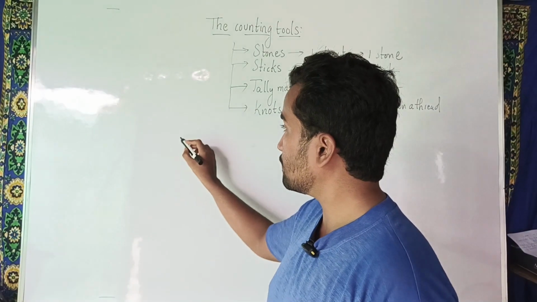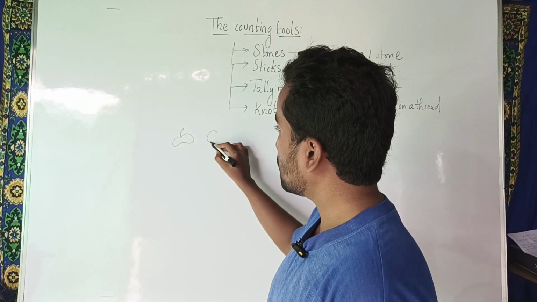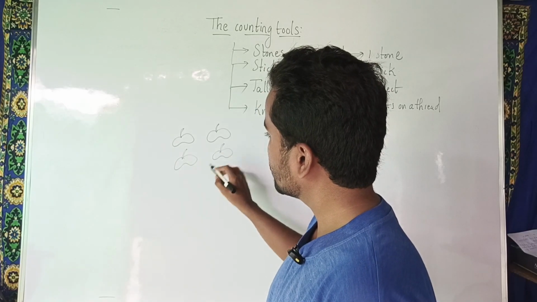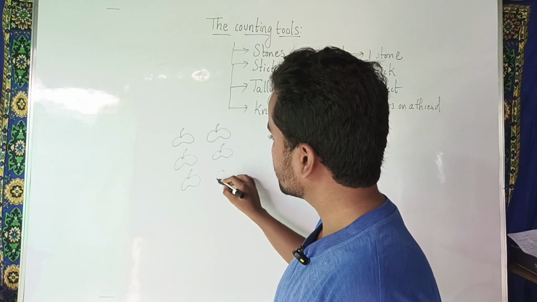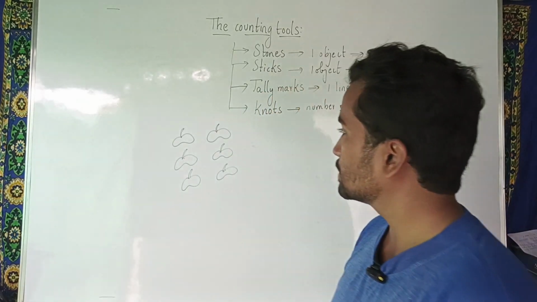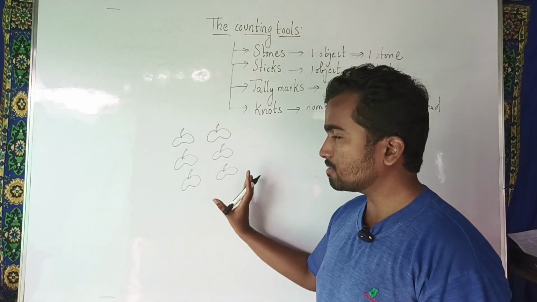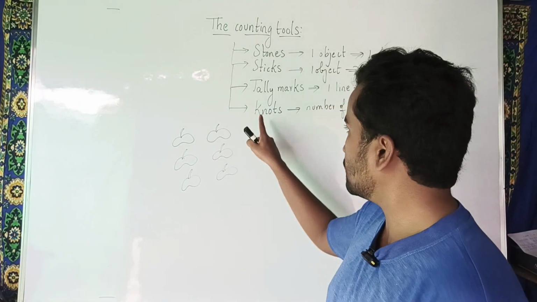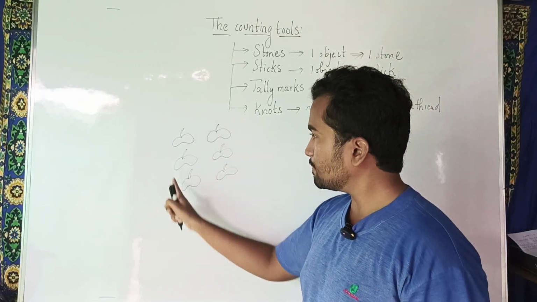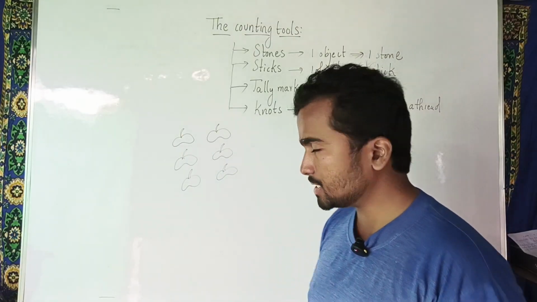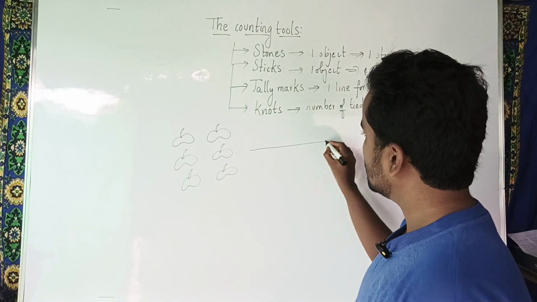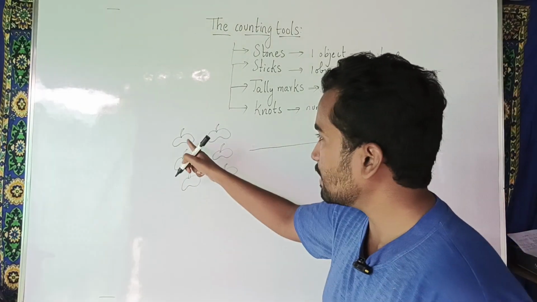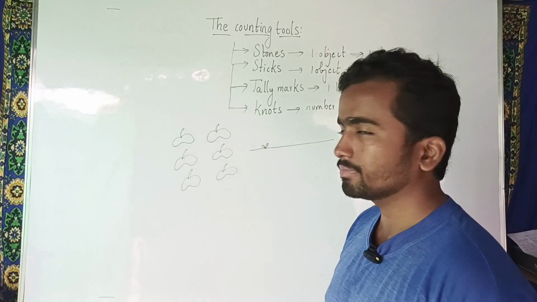The same example of a collection of apples, right? I have this quantity of apples. When I try to use the method of knots to keep track of these objects, suppose I have a single thread over here. For one apple, one knot.